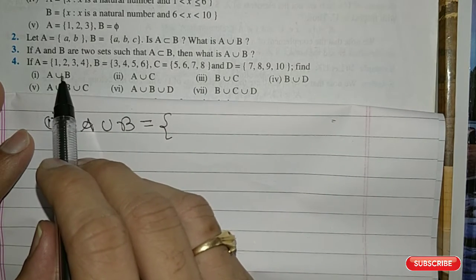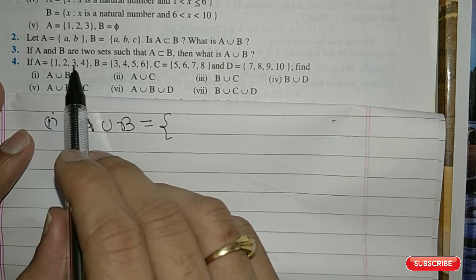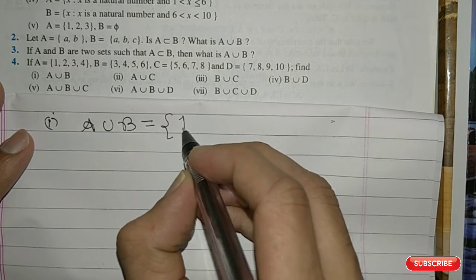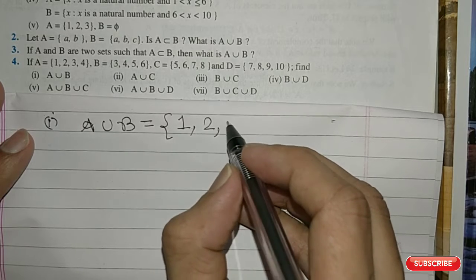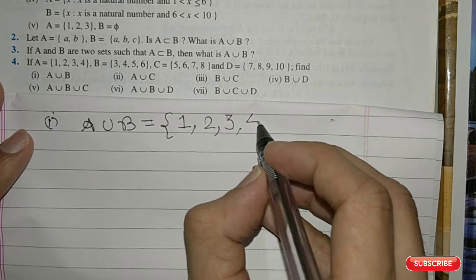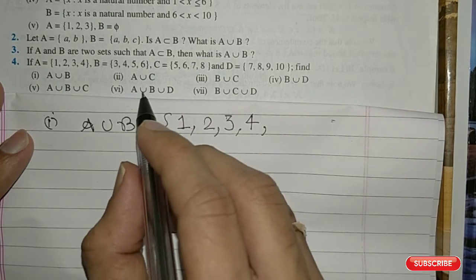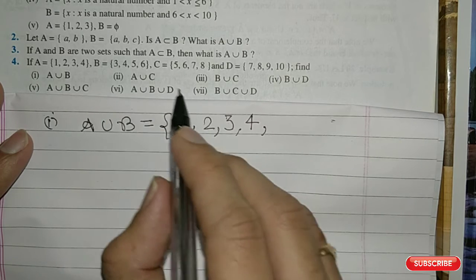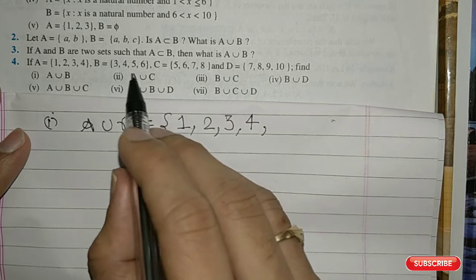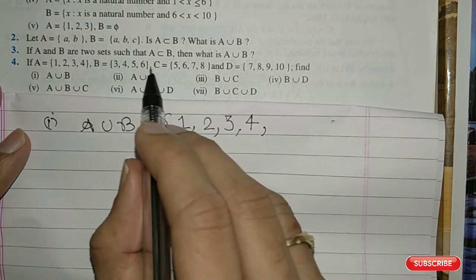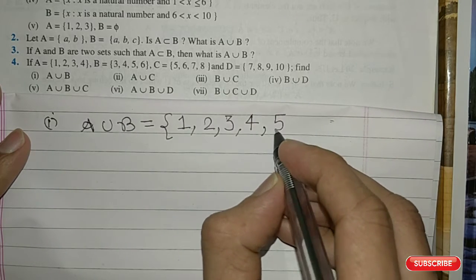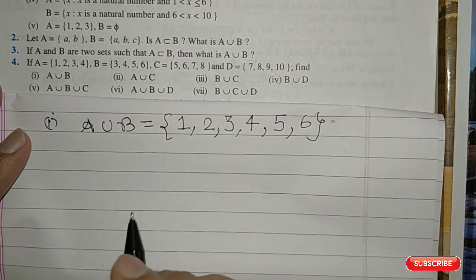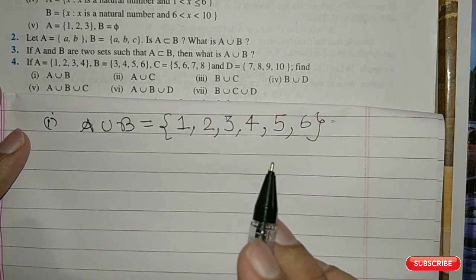A union B will be nothing but all the elements of A and all the elements of B. So what you will get is 1, 2, 3, 4. Now you have to write all the elements of B. You can see that 3 is already written here, and 4 is already written. So we have to write 5 and 6. That will be A union B.